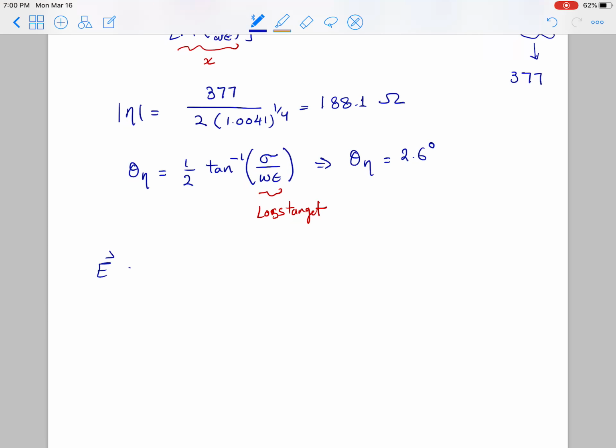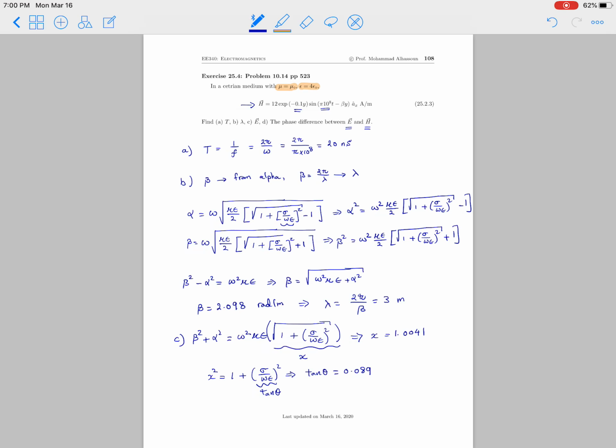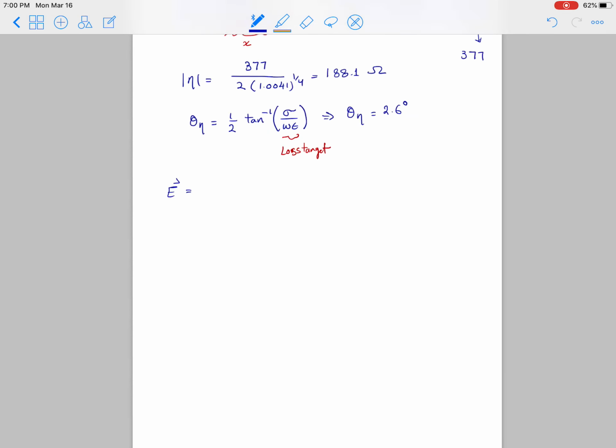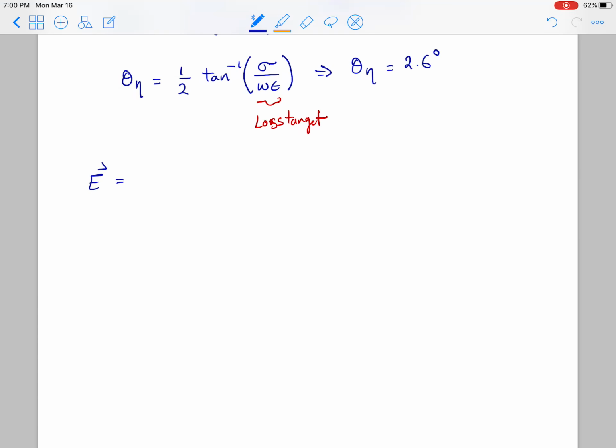So now we have every piece to write the electric field, except the direction, which we'll determine soon.